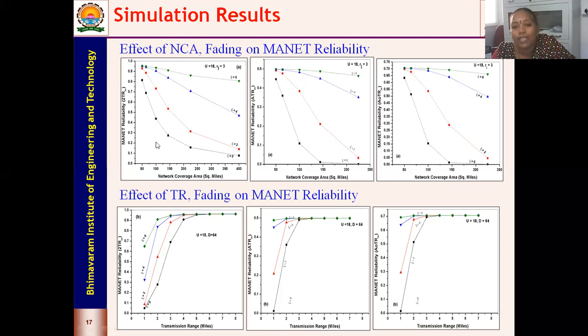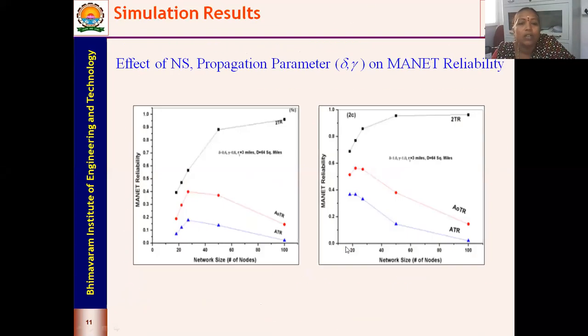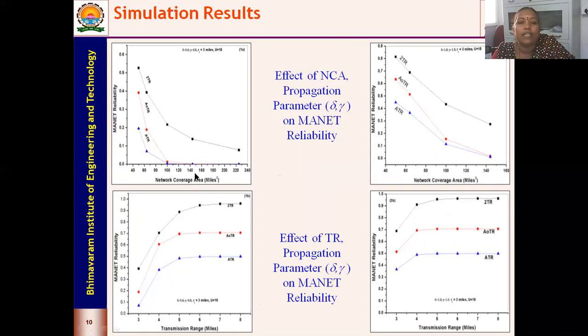In the previous case, I will go back to your previous case also. This is the network coverage area. You can see your 2TR plot, right? Between 40 to 80 square miles, you see that your value is something 0.8 to 0.85, and similarly the lowest value is something around 0.1 to 0.2.